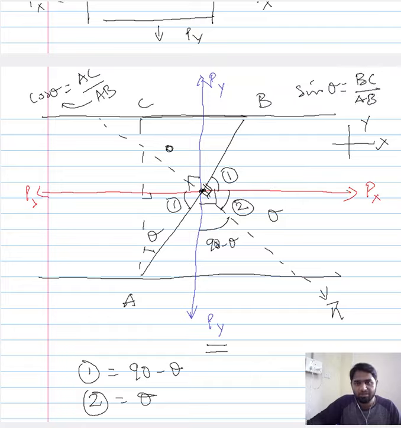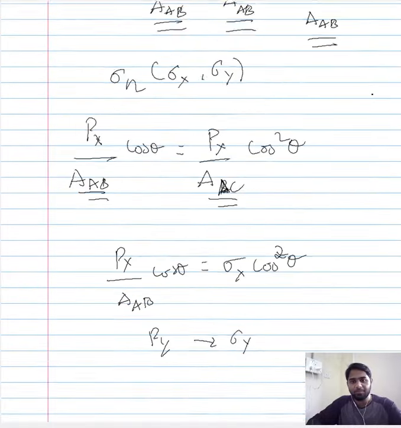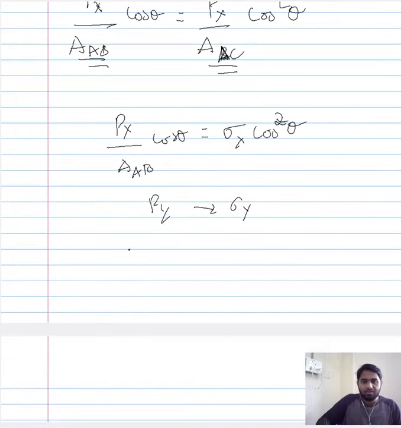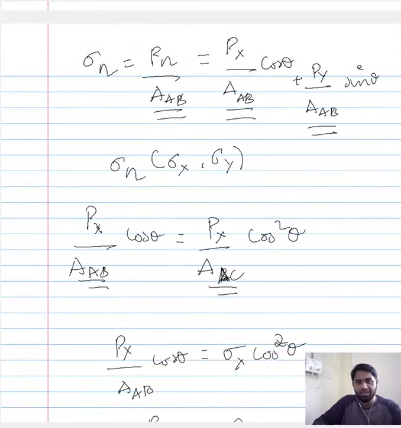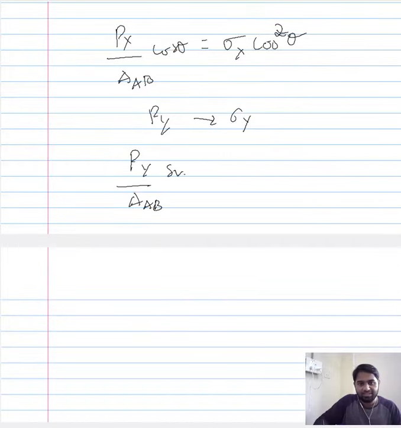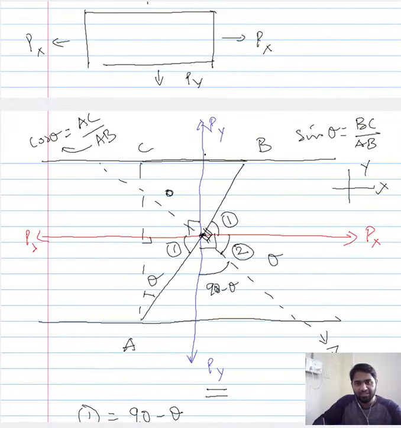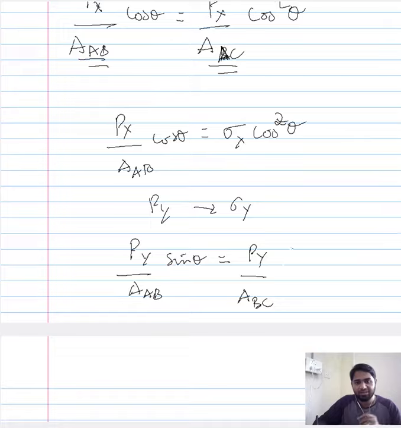So under this condition, the Py by area AB sin theta will be nothing but Py by area BC, the area that is perpendicular to the y loading direction, and it comes with a sin, so this becomes sin square theta.